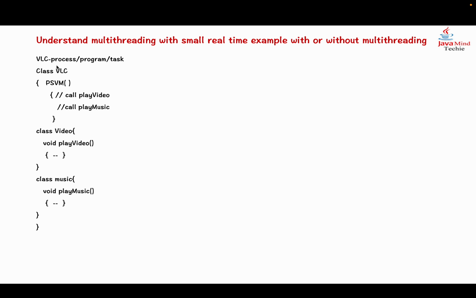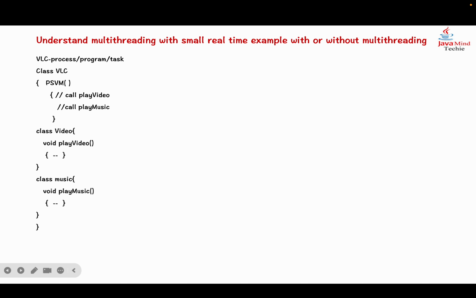In this VLC media player, we are going to perform two tasks. As of now I'm explaining without multi-threading. If you are not using multi-threading, what will happen? Just concentrate and understand. I have one VLC media player class. In that, I have one main method, and we have two methods: one method to play video and one method to play music.